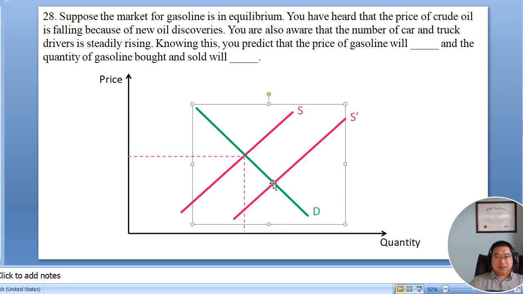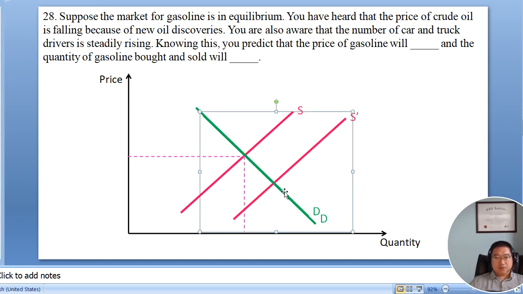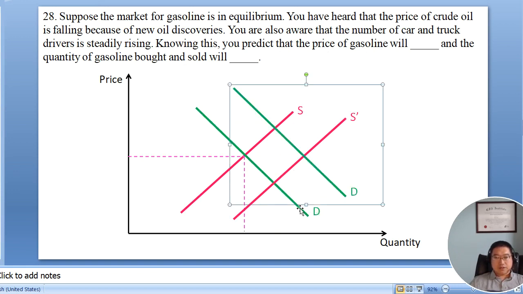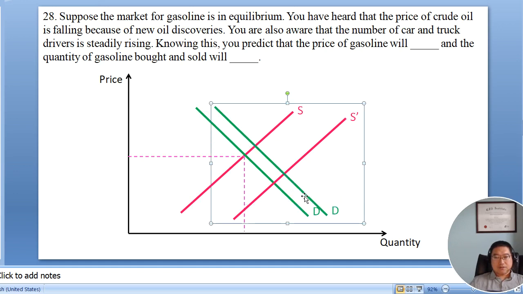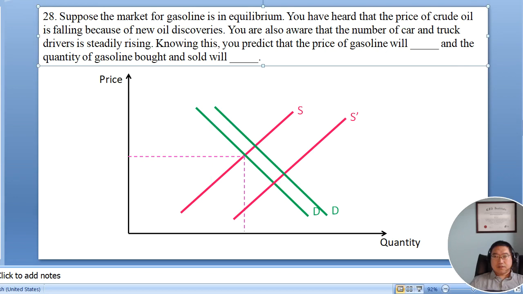They all need gasoline. So the demand increases, right? The demand can increase a little. Then the price actually drops, right? The new equilibrium is this point.